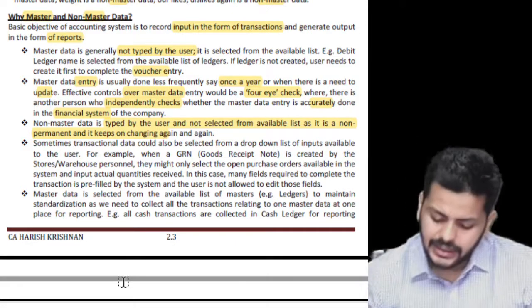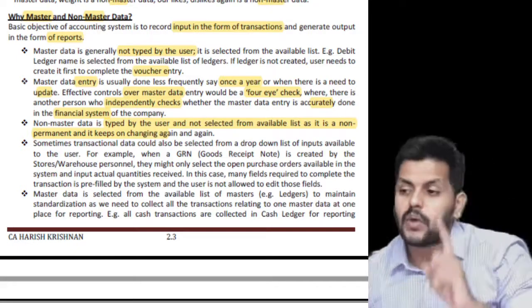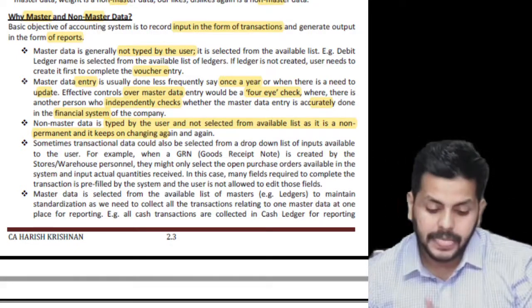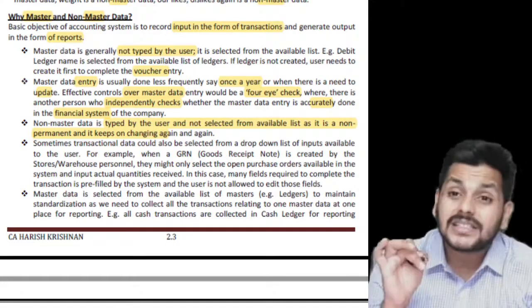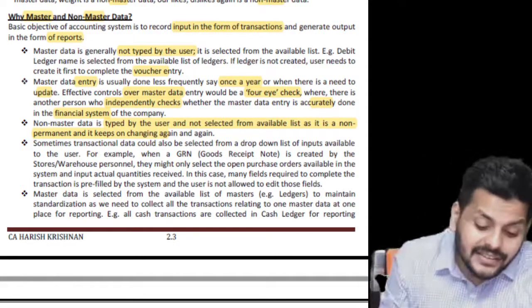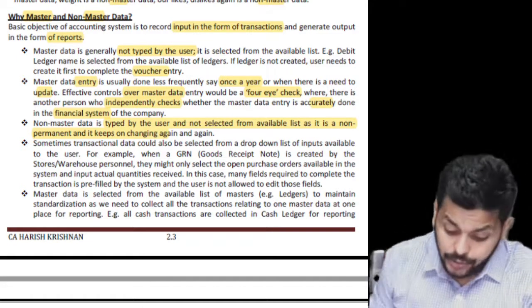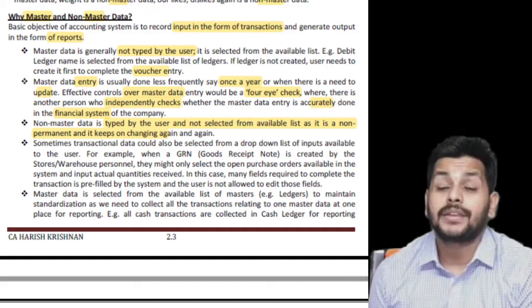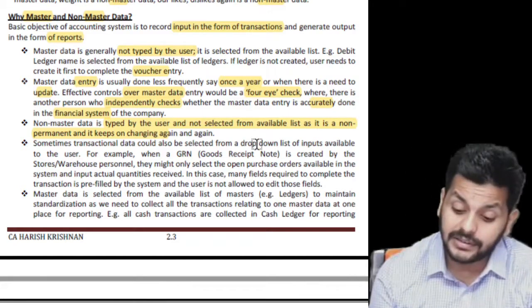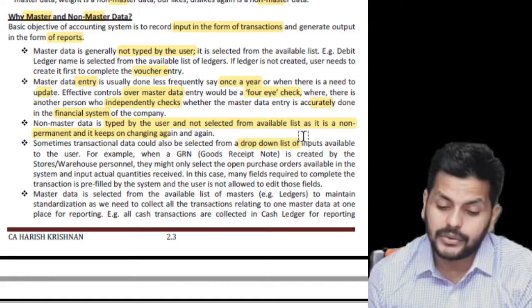So till here, I guess everybody can understand without any sort of confusion. But now one very important example I'm going to give you. I want all of you to concentrate. Sometimes, watch this carefully, even transaction data can be selected from a drop down list, based on the inputs available to the user.